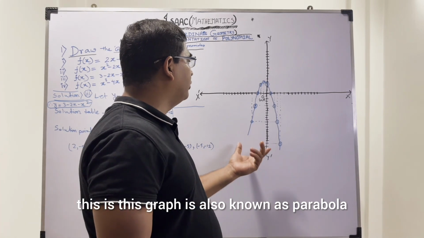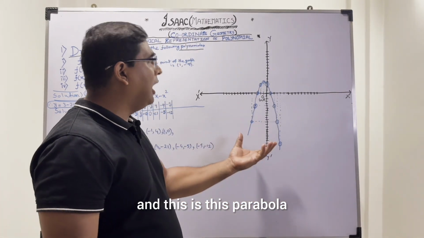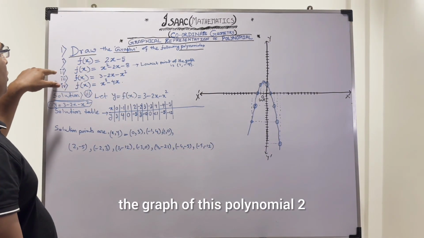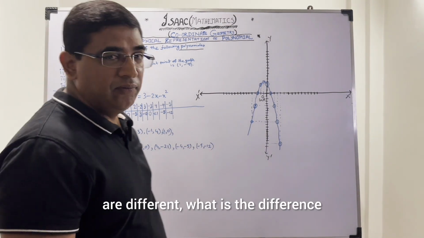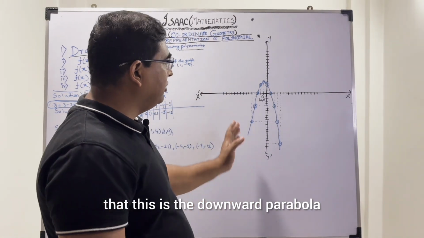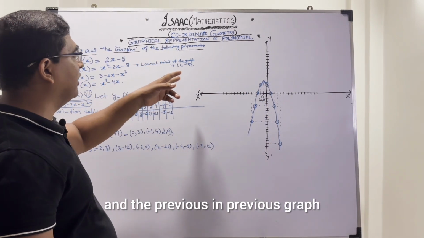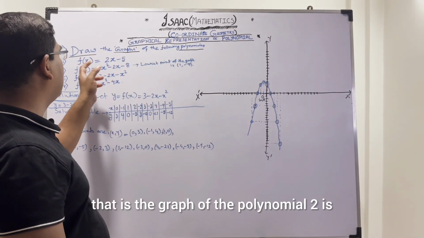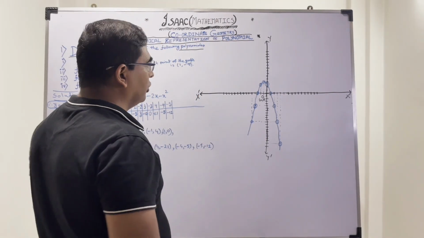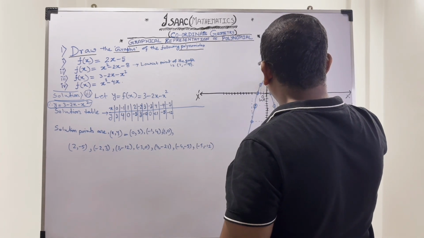This graph is also known as parabola, and this parabola and the previous parabola, that means the graph of this polynomial and polynomial 2, are different. What is the difference? The difference is that this is the downward parabola and the previous graph, the graph of polynomial 2, is an upward parabola. Okay, so this is the highest point.